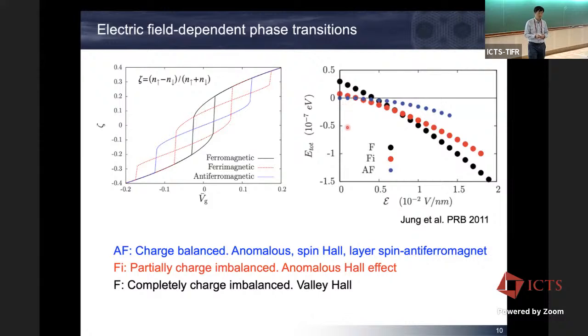And so this is showing the total energy as a function of electric field. And we know that when we apply a strong electric field, we should favor the ferromagnetic phase, where all 4 components are pointing in the same layer direction. And in between, one would expect some phase transitions.